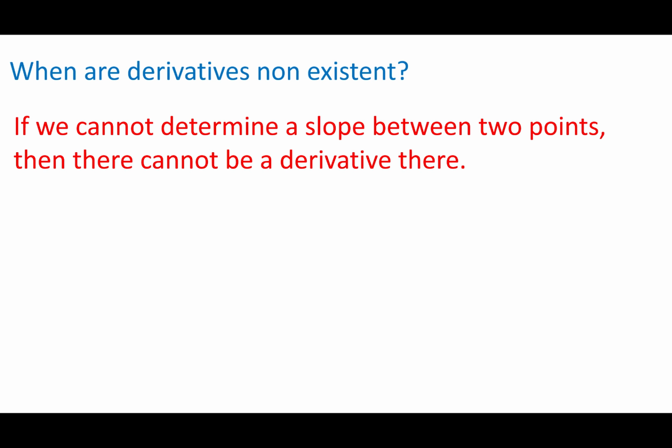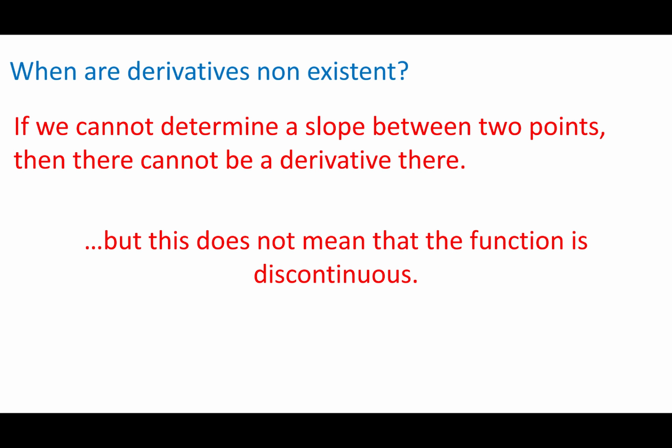If we cannot determine a slope between 2 points, there cannot be a derivative there. But this does not mean that the function is discontinuous. Again, we're going to get into some examples to show this.